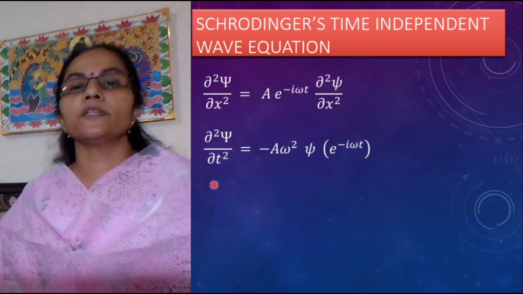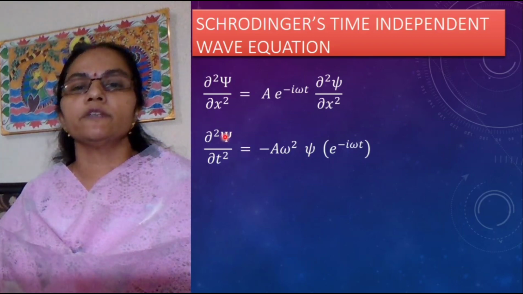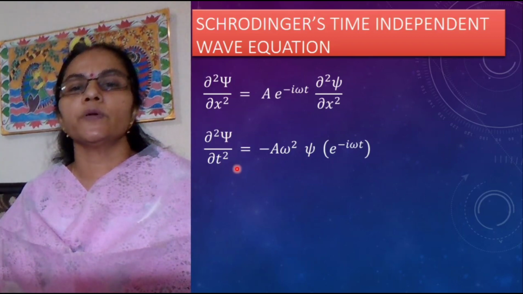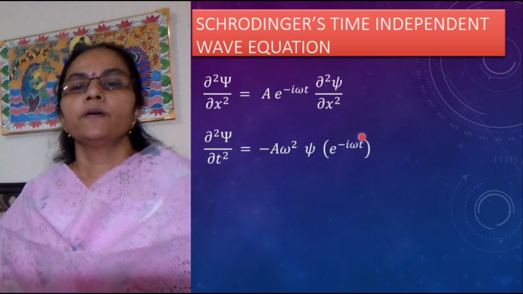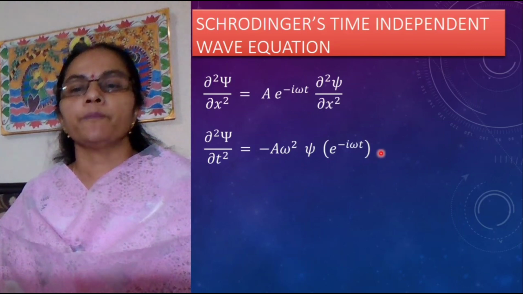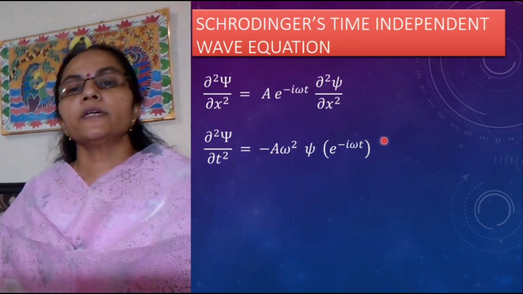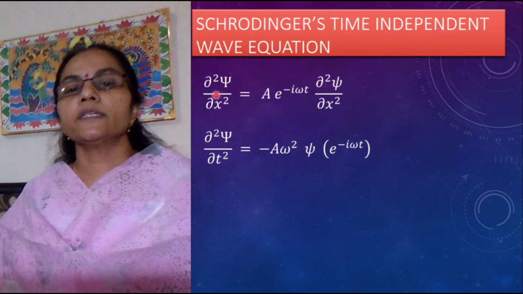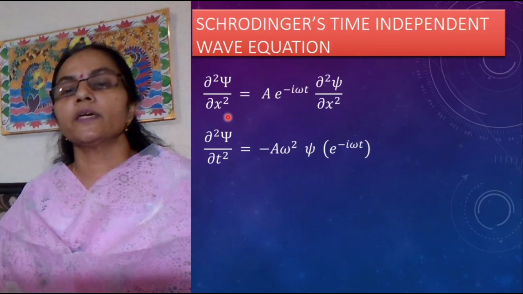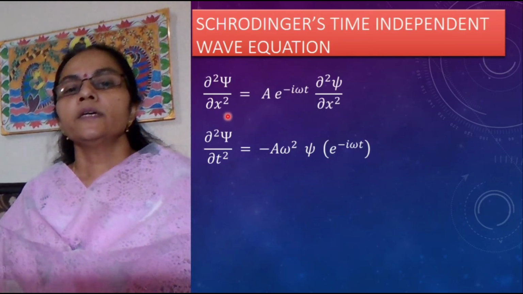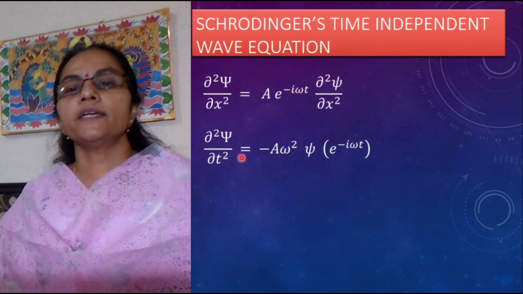And with respect to t, del square psi by del t square is equal to minus a omega square psi e to the power minus i omega t. And if you remember the wave equation, it is del square psi by del x square equals 1 by v square into del square psi by del t square.